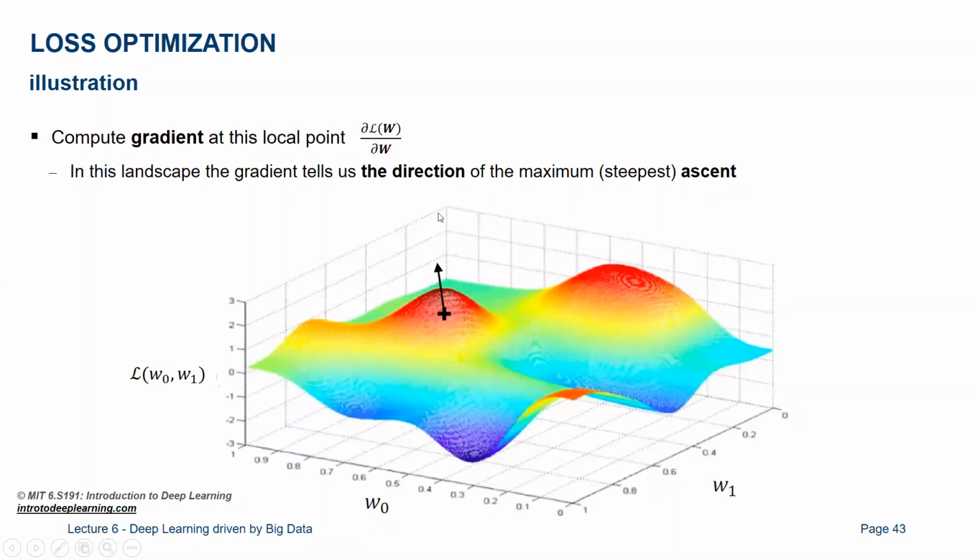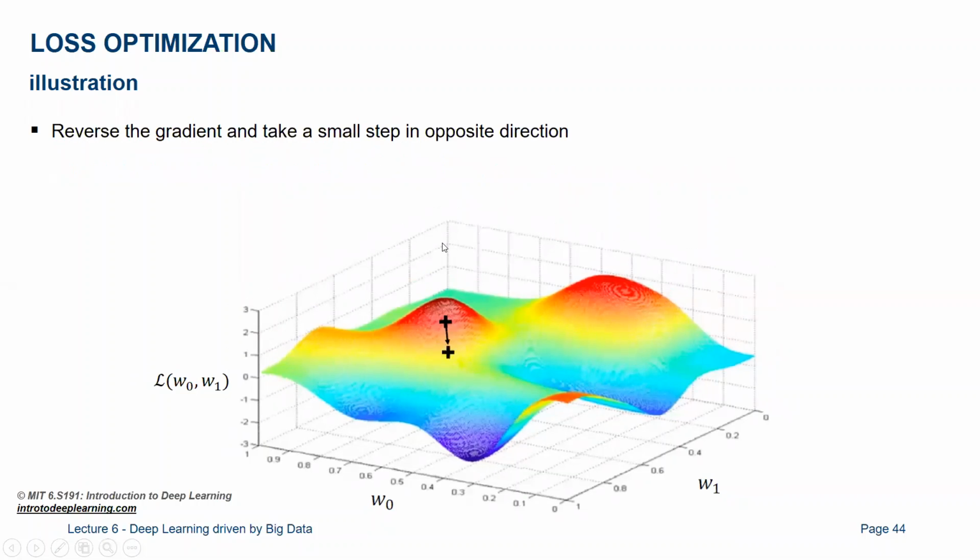compute the gradients at these local points with respect to the weights. In this landscape, the gradient will tell us the direction of the maximum, where it basically starts to grow. This is just from math. And what we are going to take is the opposite direction.